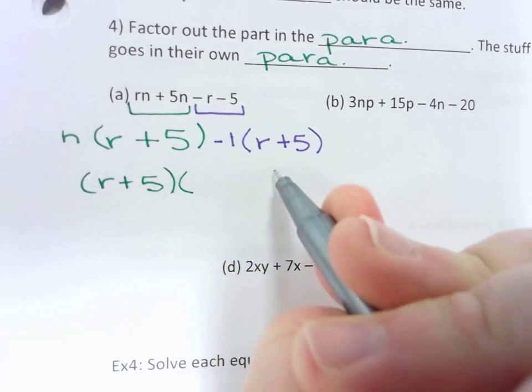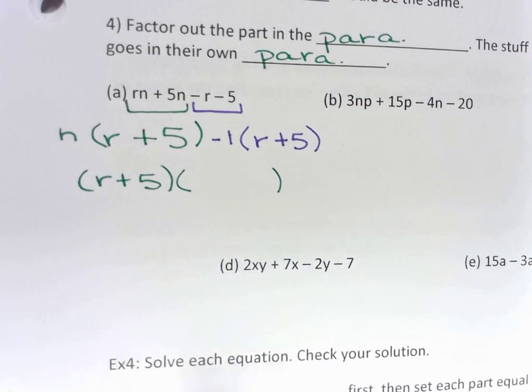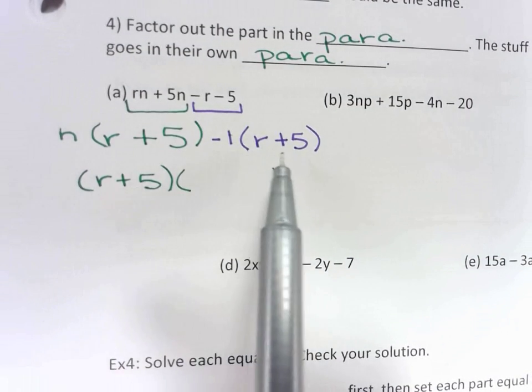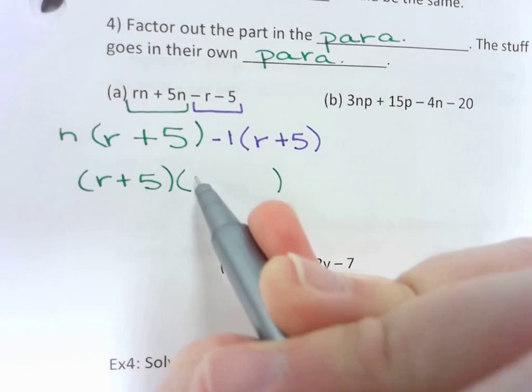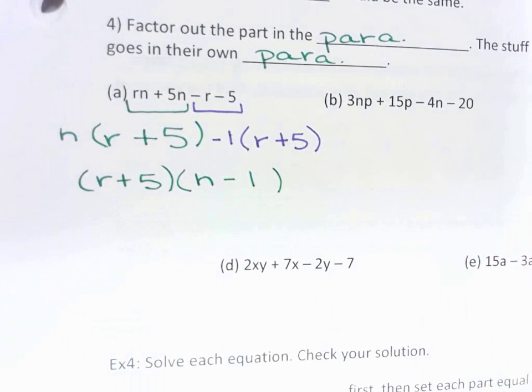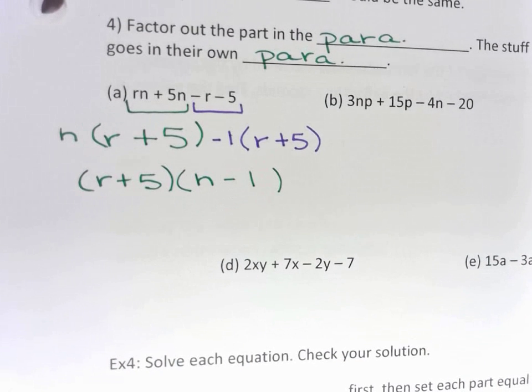Whatever is not in the parenthesis goes in their own parenthesis. So as I look up here, what two things are not in a parenthesis? N and negative 1. So n minus 1 goes in their own parenthesis. So whatever is in your parenthesis goes in one. Whatever is not in the parenthesis goes in the other one. Now, why is this factored?